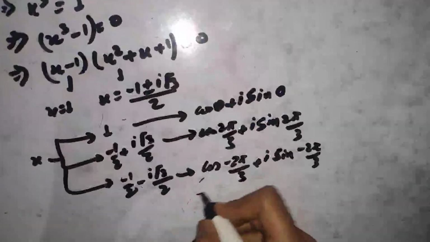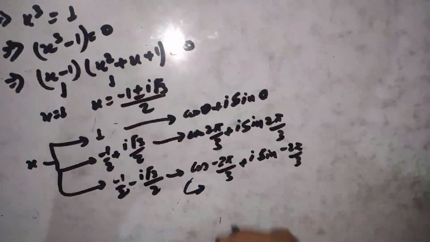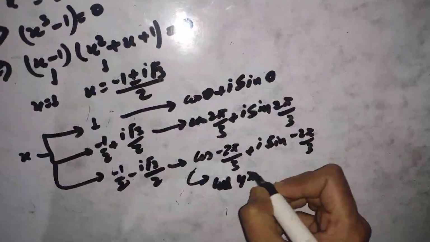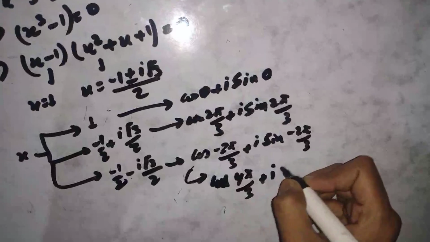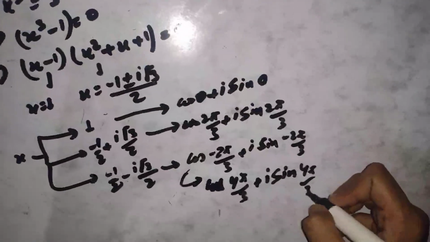This is the principal argument, but we can also write this as cos 4 pi by 3 plus iota sine 4 pi by 3.